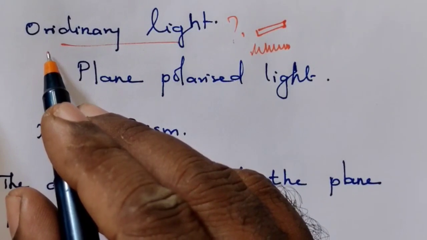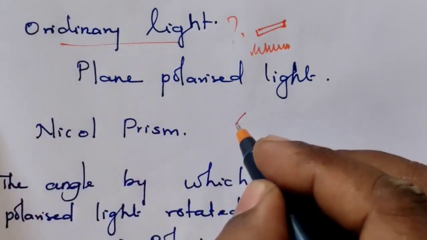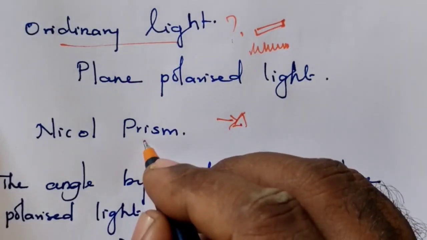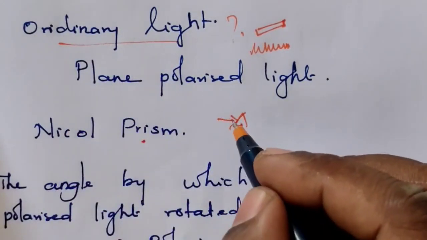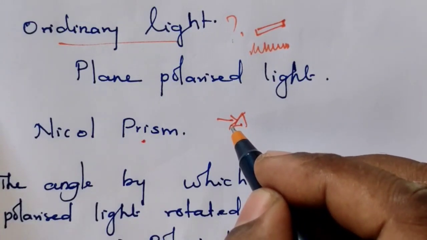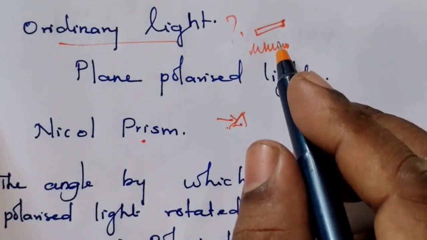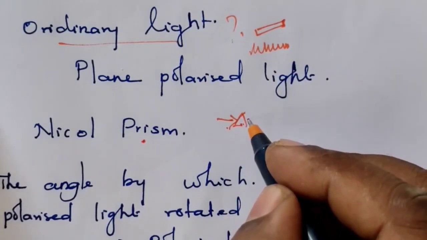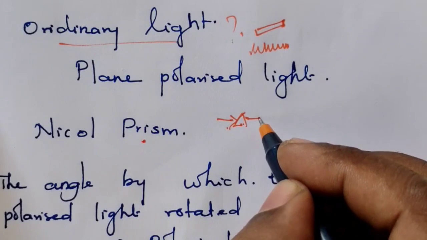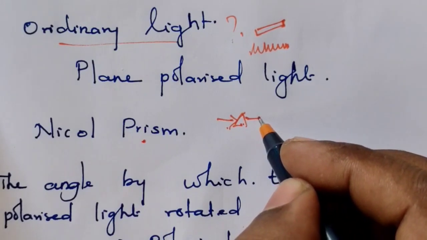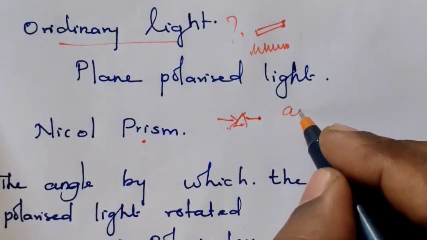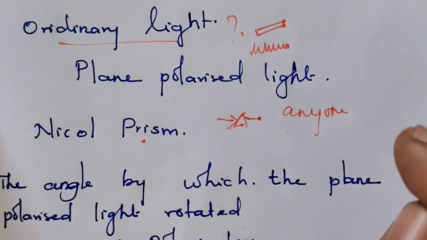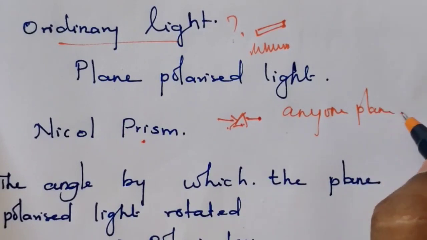If we pass ordinary light through a prism called a nickel prism, the emergent light, that is the light coming out of the nickel prism, vibrates in any one of the possible planes.